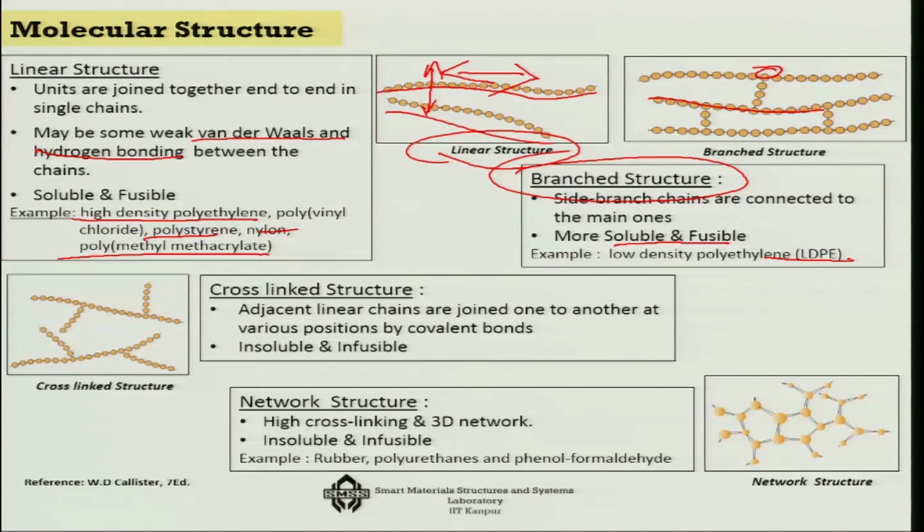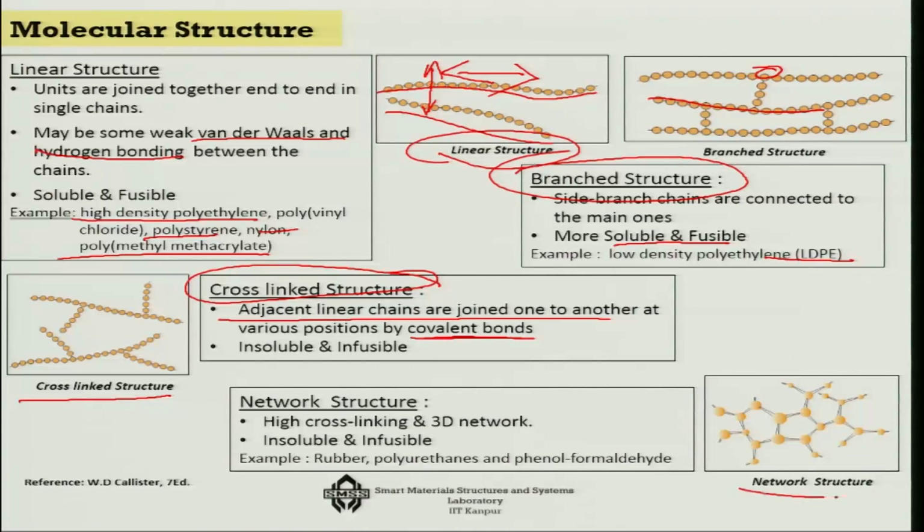Now if the branches get cross-linked, that is what is the cross-linked structure, then what you are getting is that the adjacent linear chains are joined one to another at various positions by covalent bonds, and they become insoluble and infusible. So that is the cross-link structure.